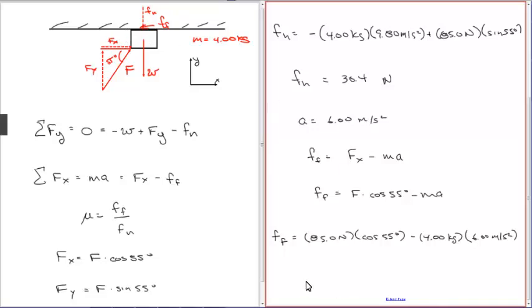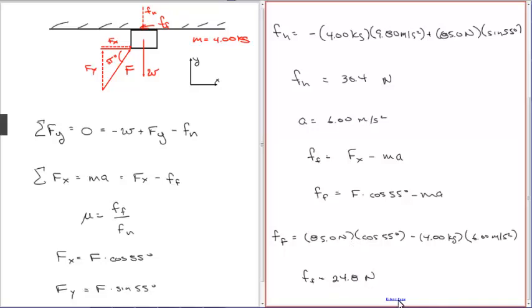So the friction force is 85 times cosine of 55 minus 4 times 6, which is 24.8 newtons.